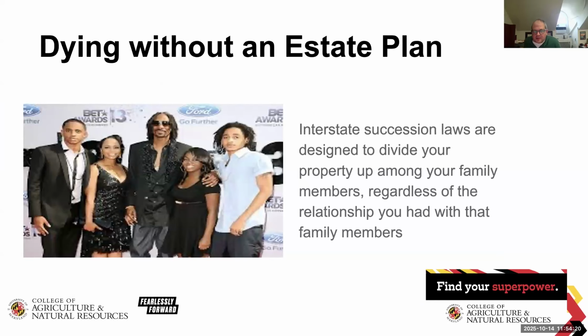The idea is, in the end, your property is going to be divided up among your family members. If you're married and have children, typically about 50% will go to your surviving spouse, and the other 50% will go to your children, or if your children are predeceasing you, it'll go to their heirs, their children.